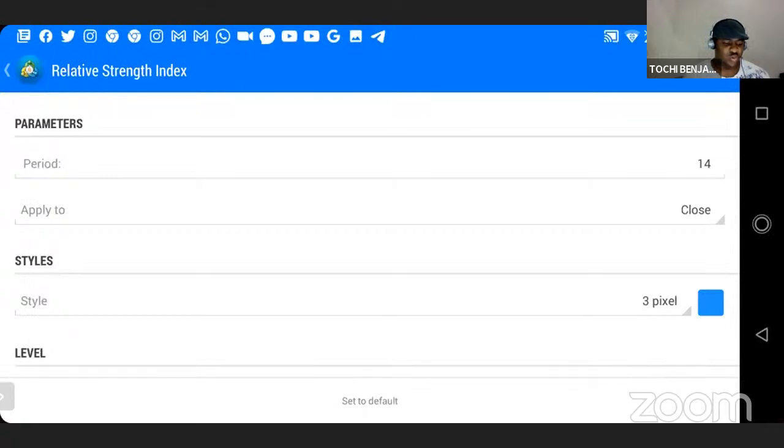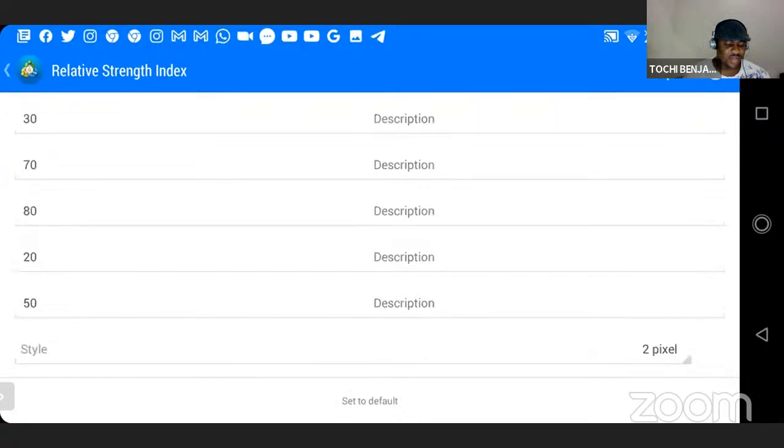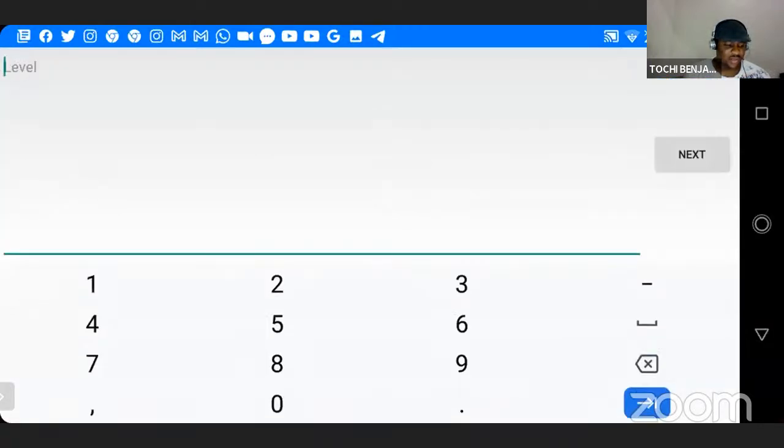You now want to go to levels. Even on my phone, I've already modified my levels, but let's remove it and see what to do. I know some persons will say, do it now.